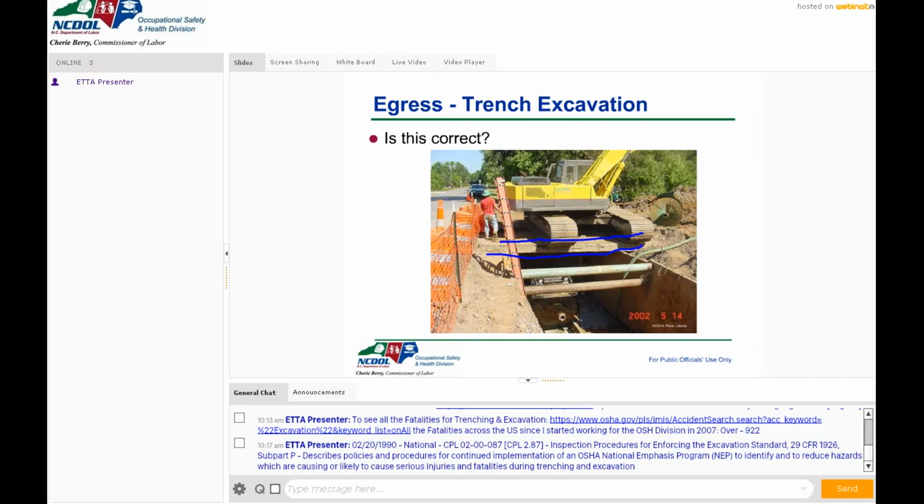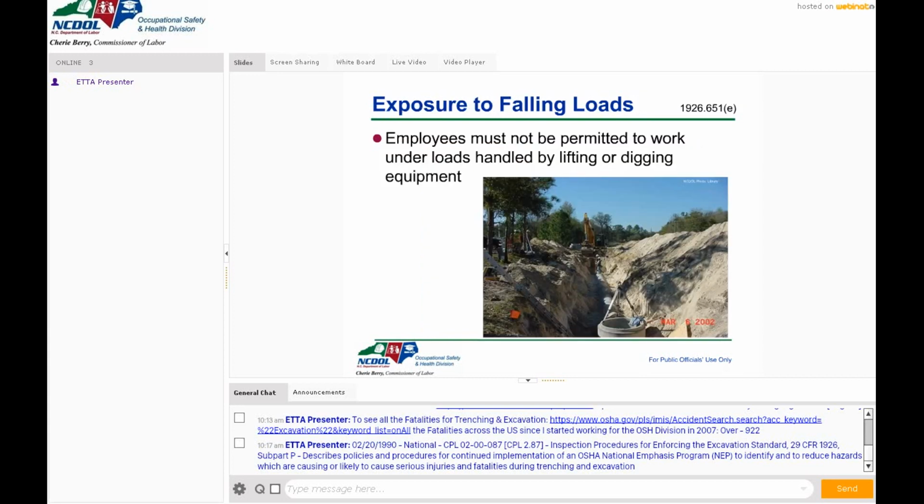And we've got numerous examples of this, but you don't need to be a rocket scientist to figure that there's something wrong here. Now, hauling loads is another thing you got to be concerned about. Now, that includes material and stuff as well.